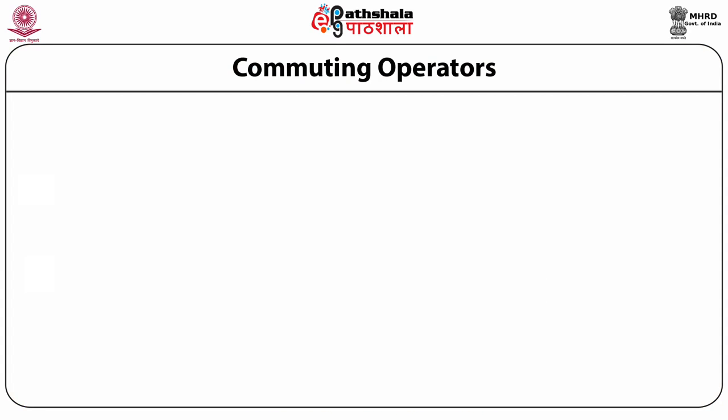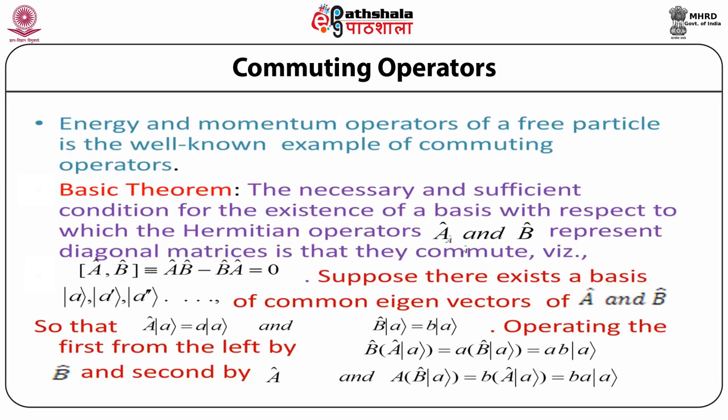Commuting operators. As we have discussed in detail about the energy and the momentum operators previously, the energy and momentum operators of a free particle are a well-known example of commuting operators. Let us come to the basic theorem for commuting operators.